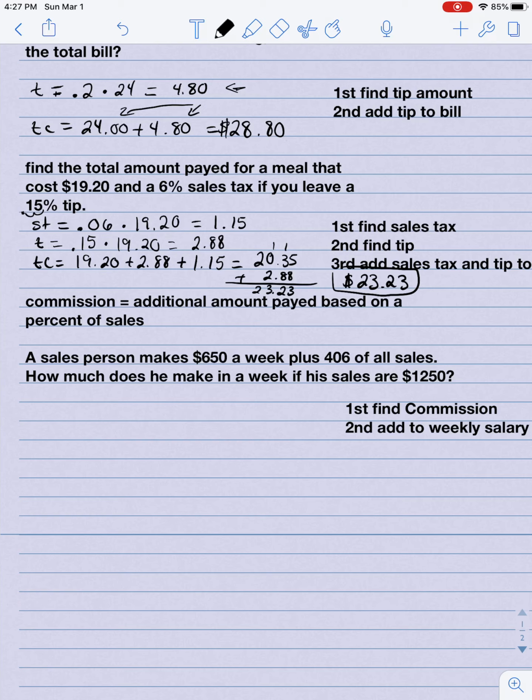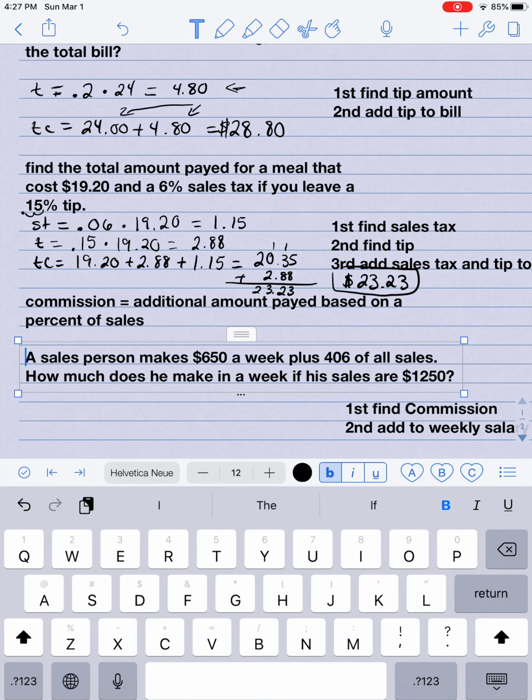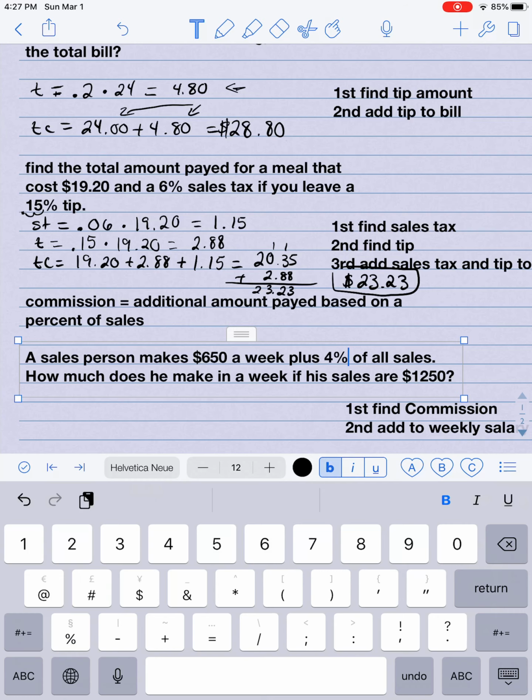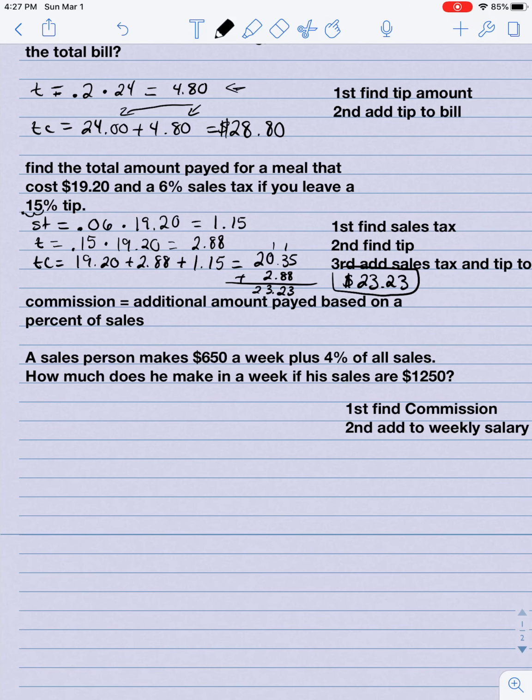But here we have a salesperson who makes $650 a week plus 4% of sales. So how much does he make in a week if he sells $1,250 worth of his product?